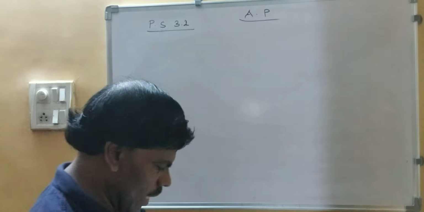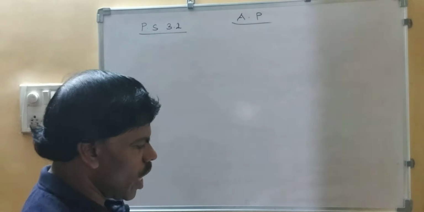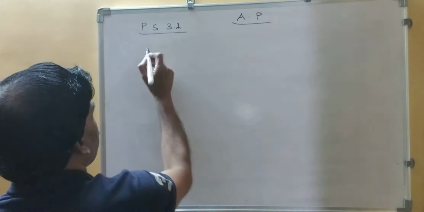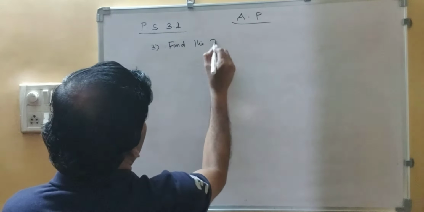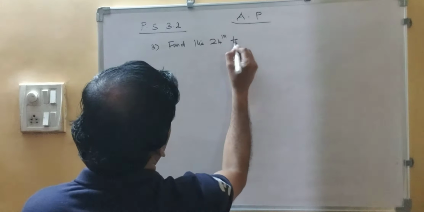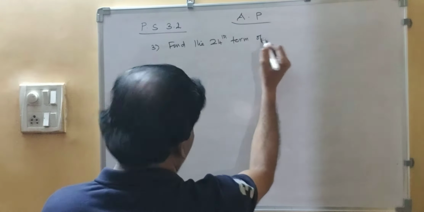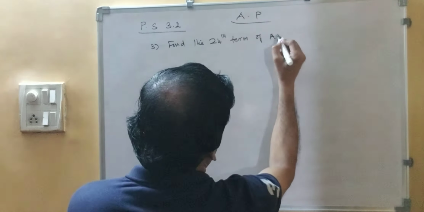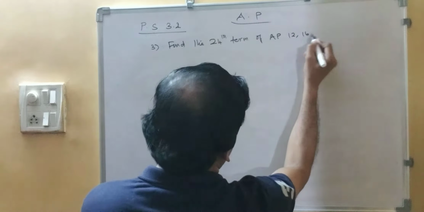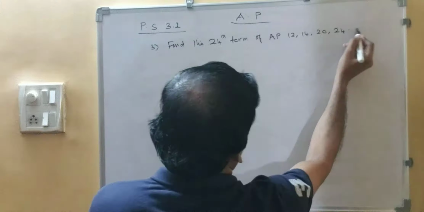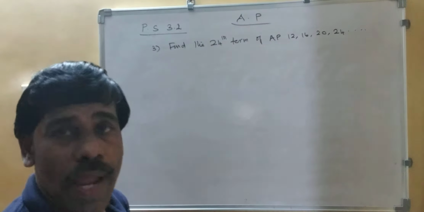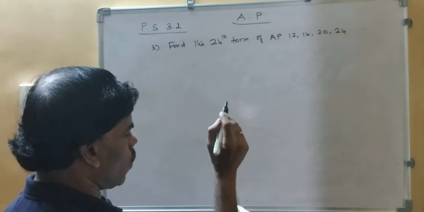Okay. Now next sum. Find the 24th term of the AP. What is the AP? 12, 16, 20, 24, etc. So what you have to find out? You have to find out the 24th term.